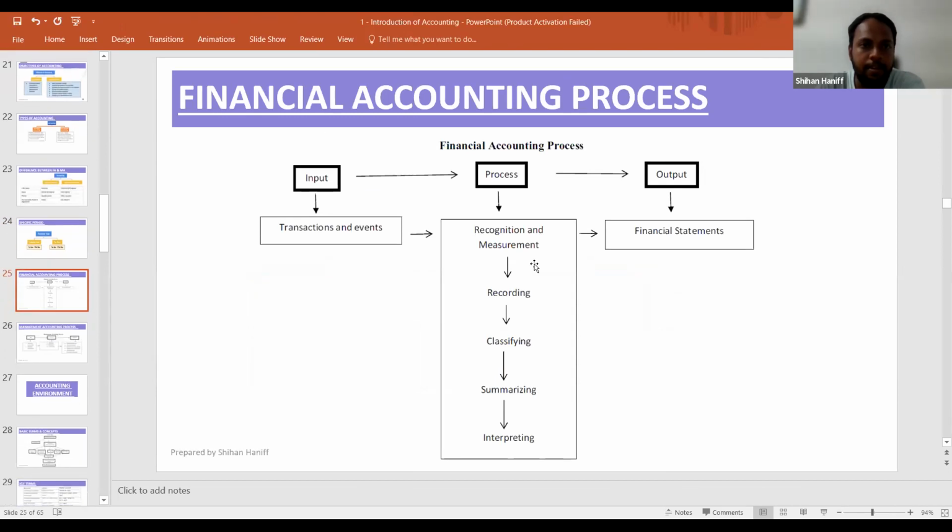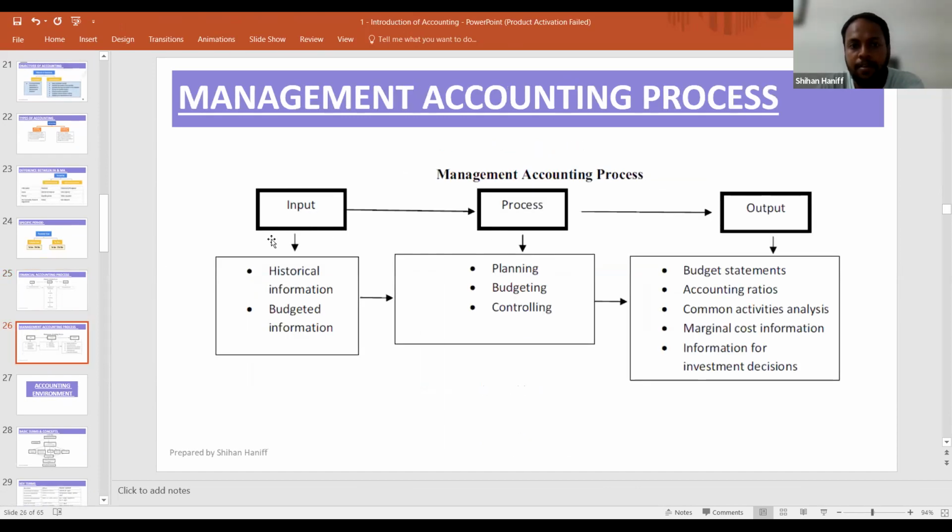Okay. Then the financial accounting process, we studied that: input, process, output. And the management accounting process: input, process, output. Input: historical and budgeted information. Process: planning, budgeting, controlling. And output: budgeted statements.